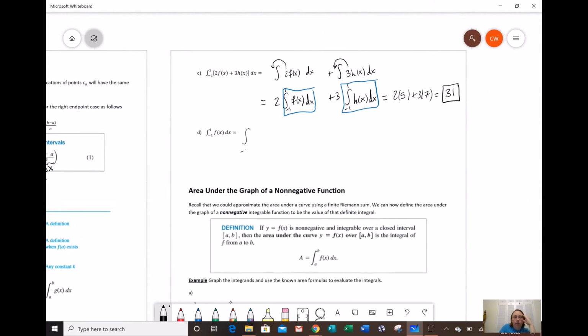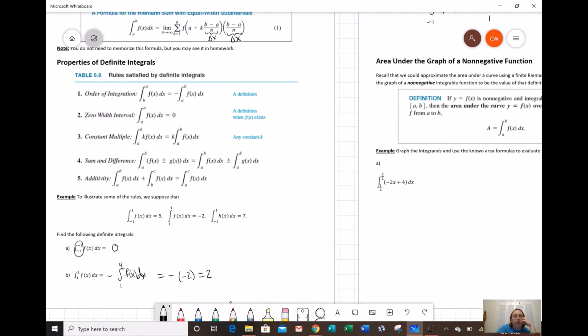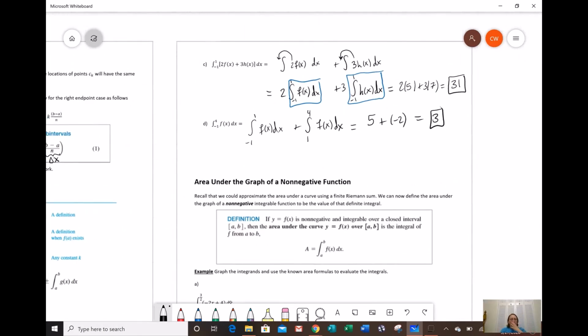So this is the integral from -1 to 1, f of x dx, plus the integral from where we left off, all the way to 4, f of x dx, which is 5 plus -2, or 3. Make sure I got my numbers right. 5 and -2, yes. All right. So those were some examples using the properties of definite integrals.